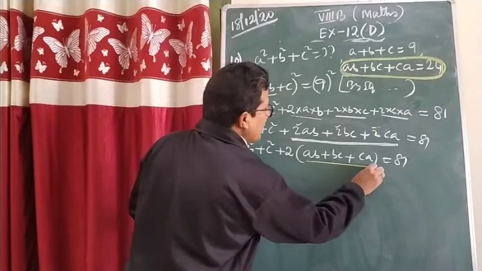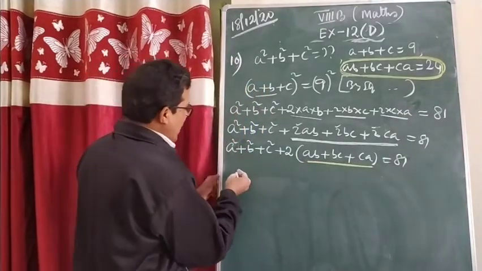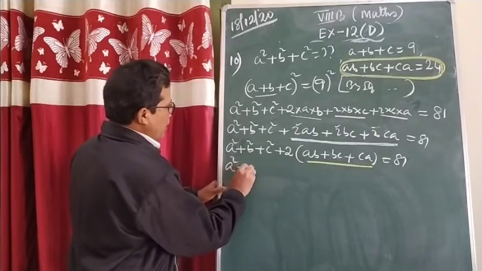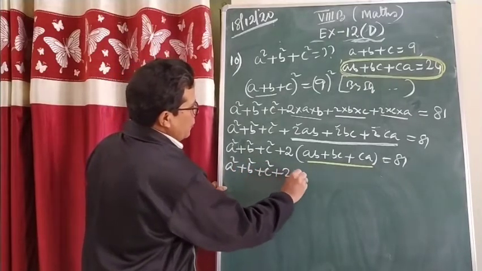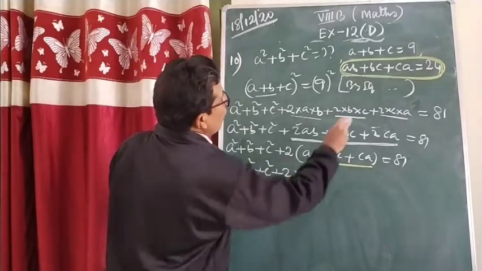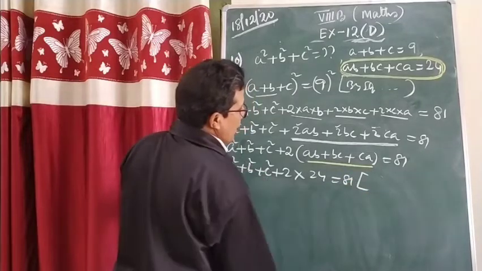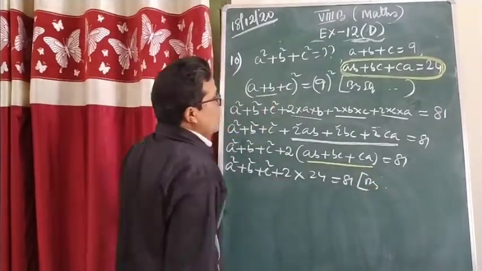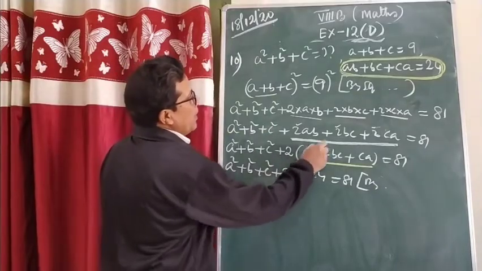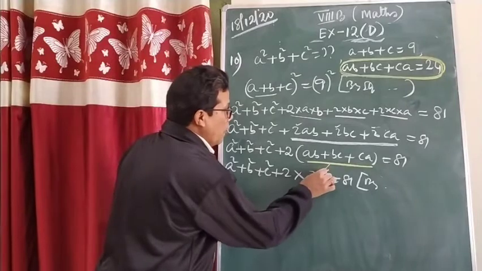So in its place what will we write, beta? 24. So let me write it here. A square plus B square plus C square plus 2 into, what is the value, beta, 24 equal to 81. Write it in brackets, beta, by putting the value of AB plus BC plus CA, so that you will not have any problem.